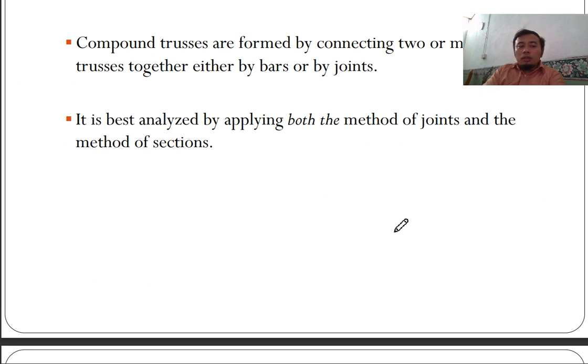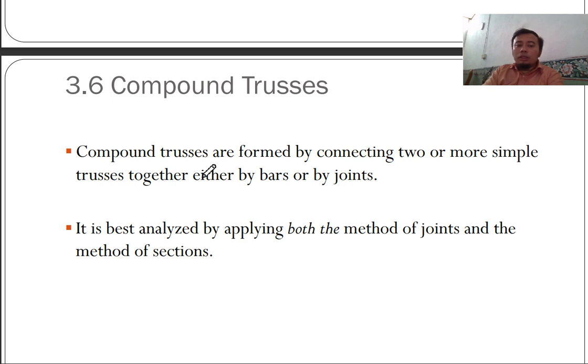So compound trusses are formed by connecting two or more simple trusses together, either by bars or joints. This we've talked about. We have three types of compound trusses, and it is best to analyze by applying both method of joints and method of section for compound trusses, because you have simple trusses combined together.